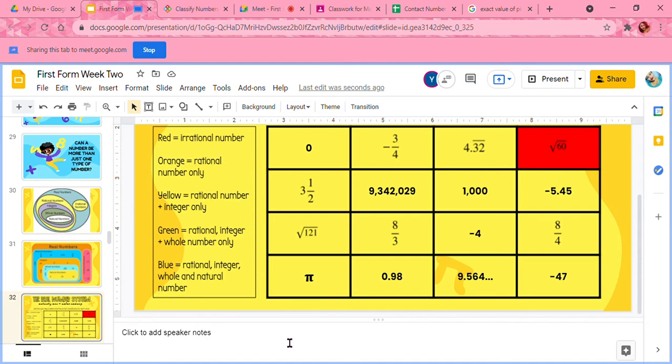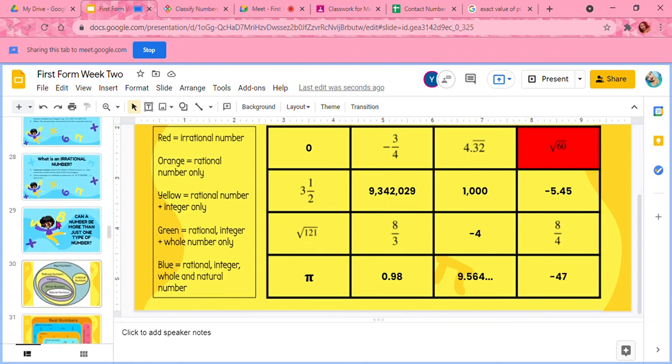You should know your times table. 7. 7 times 7 gives me 49. 11. Very good. So, if I find the square root of 121, it gives me 11. So this is not an irrational number. It is something else.